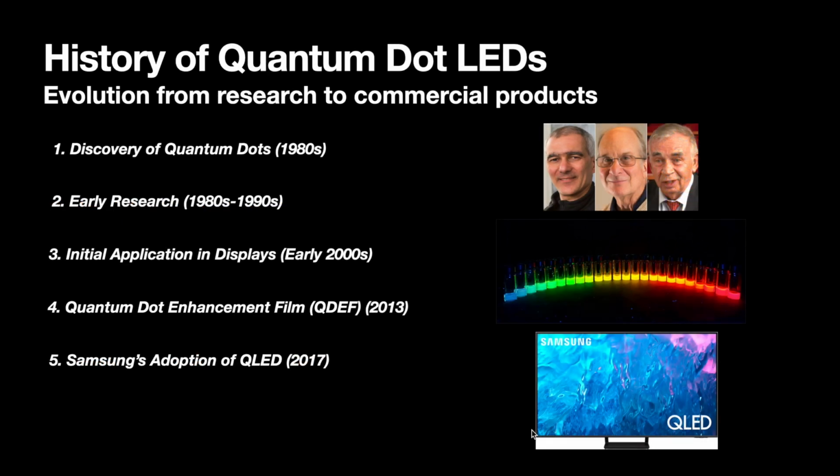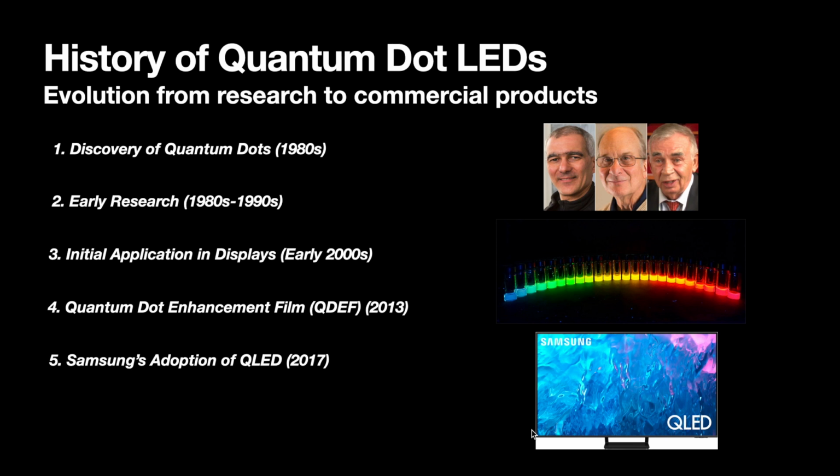Here is a brief history of quantum dot LEDs, basically the evolution from research to commercialized products. In the 1980s, quantum dot was proposed and first fabricated by those three gentlemen who eventually won the Nobel Prize in Physics in 2016. And in the next 10 years, more and more people were trying to investigate quantum dots.